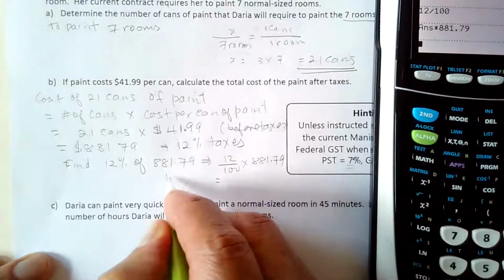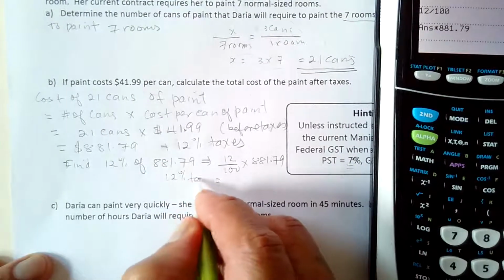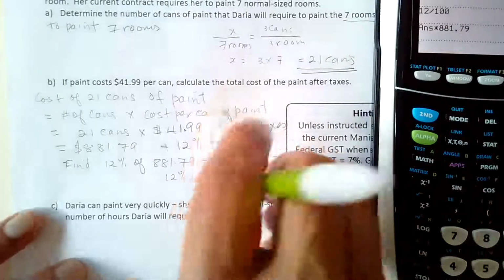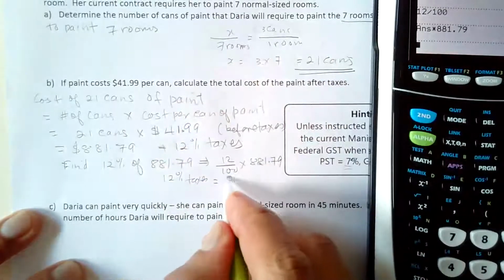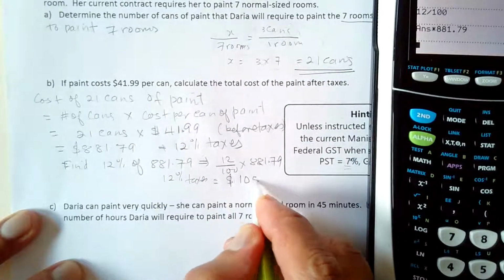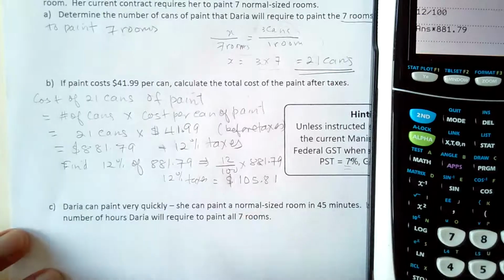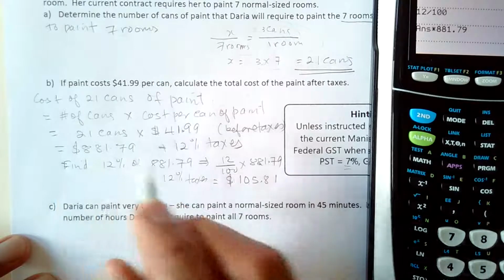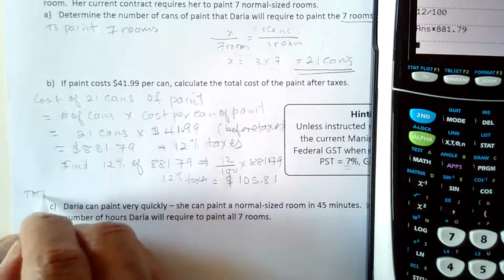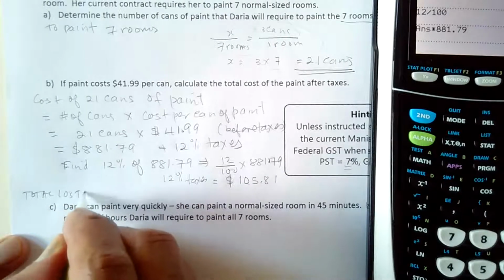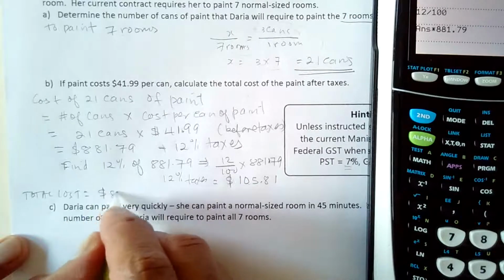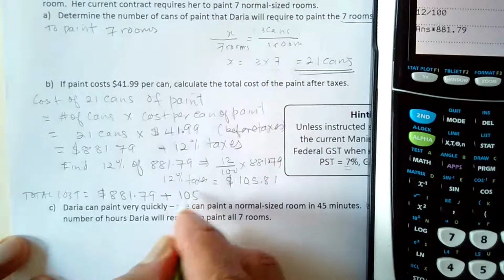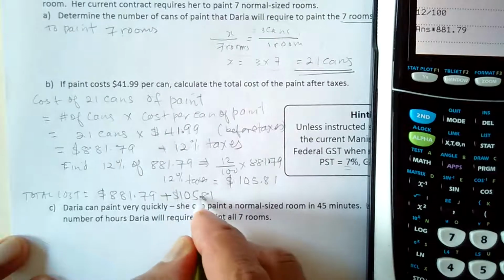So 12% taxes is $105.81. Now add your taxes to the cost of the paint. So total cost is $881.79 plus $105.81.